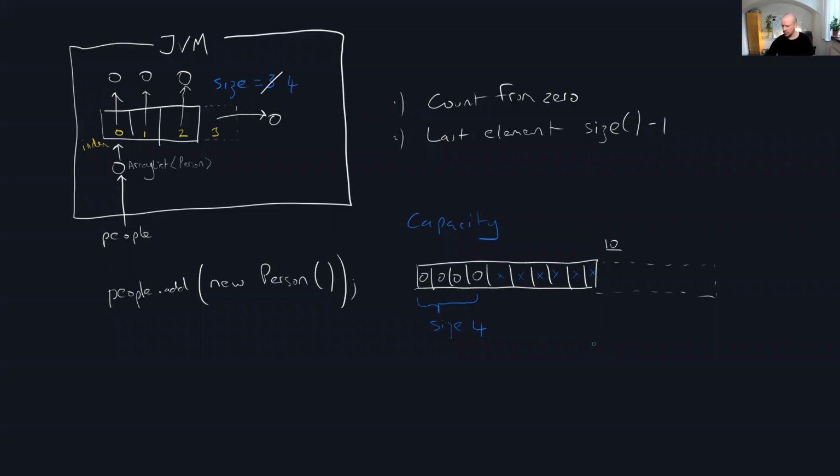So that's kind of the basic behavior. But again, one of the most important things is as we add elements, they form a linear sequence, one after the other. And that order gets maintained until we do something to actually change that.